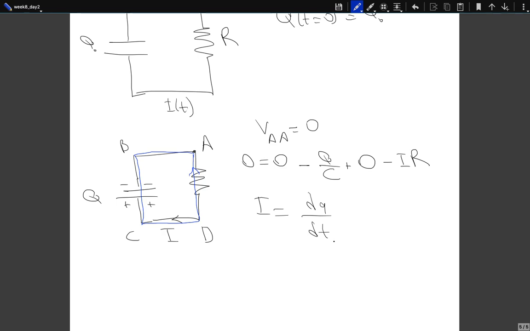Now, if a charge dq passes through this point, it increases the charge of the capacitor. So this dq, which is the charge passing through this point over here, is at the same time the change in the charge in the capacitor. So this should be dQ by dt.